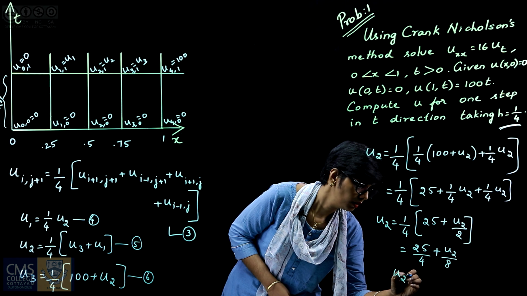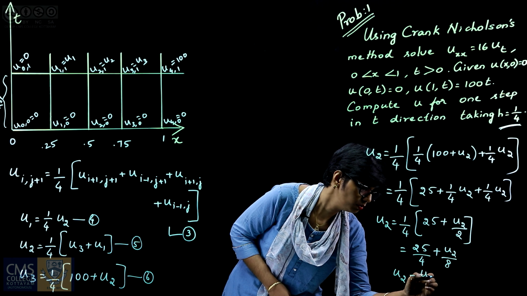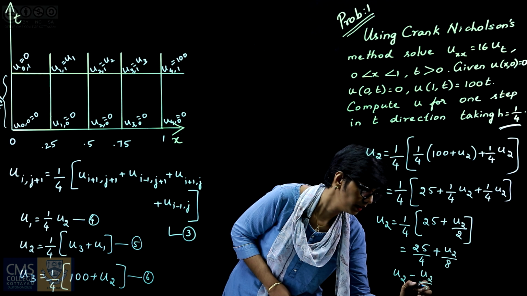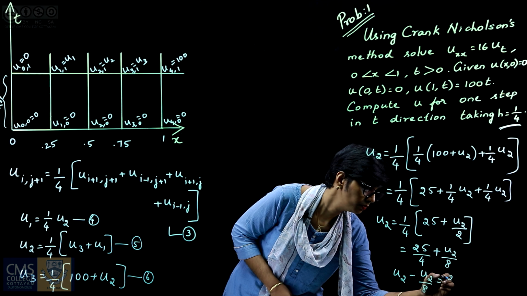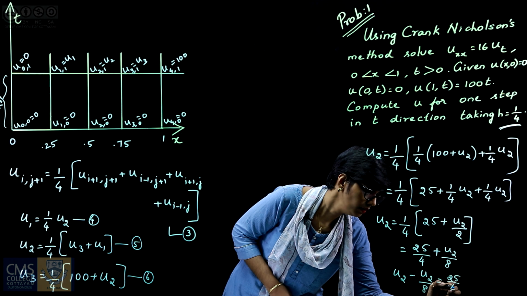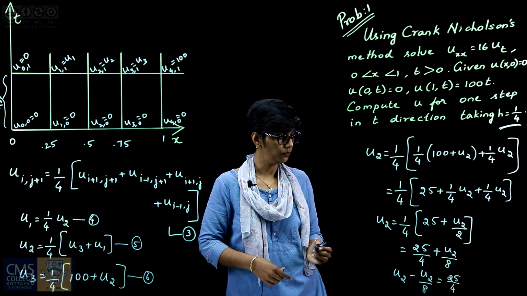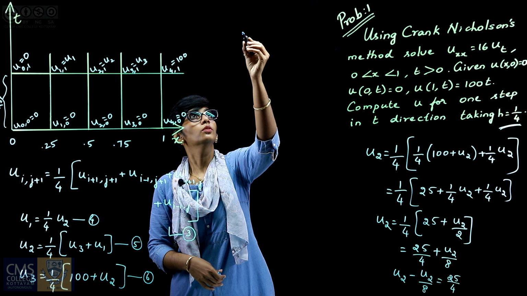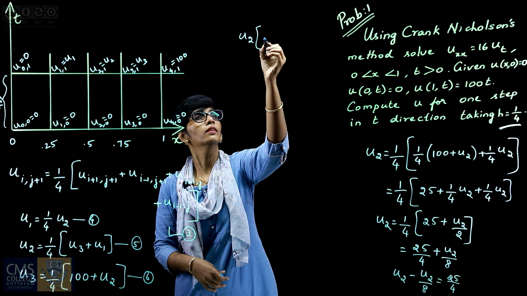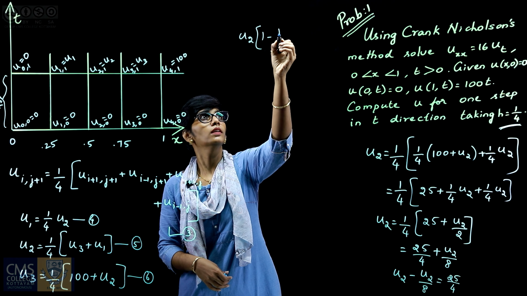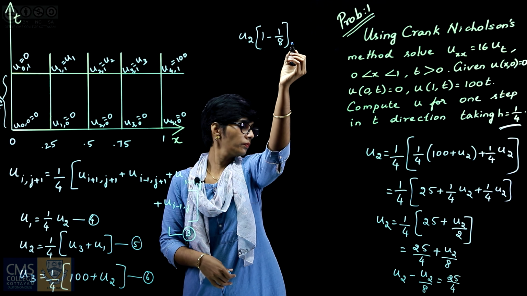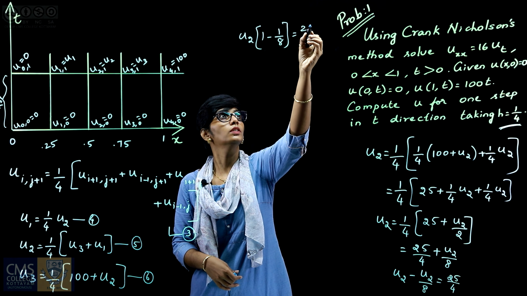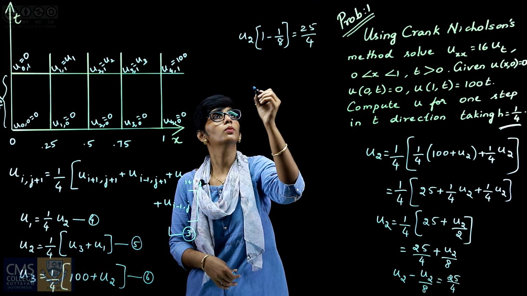So, rearranging, we can write it as 25 by 4 plus u2 by 8, and rearranging we get u2 minus u2 by 8 is equal to 25 by 4. So, we take u2 outside, 1 minus 1 by 8 equal to 25 by 4.